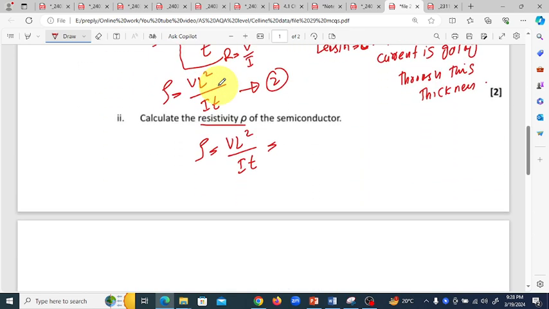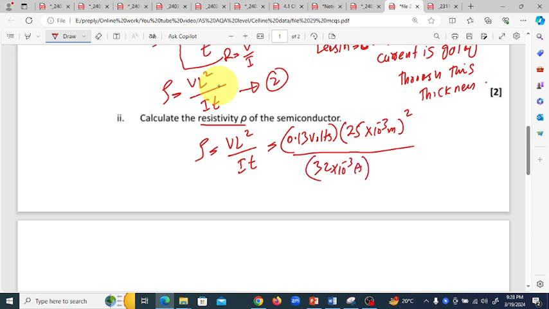V is 0.13 volts, L is 25 into 10 power minus 3 meter, since millimeter is 10 power minus 3, the current is 32 into 10 power minus 3 ampere, and the thickness is 0.60 into 10 to the power minus 3. Putting in the values, we get 4.2 ohm meter.